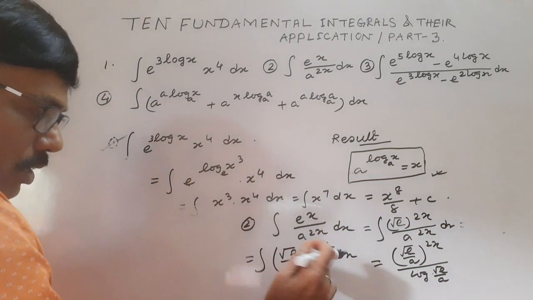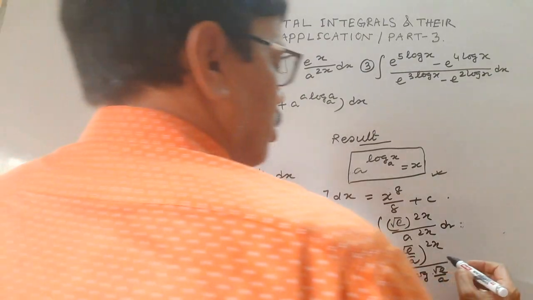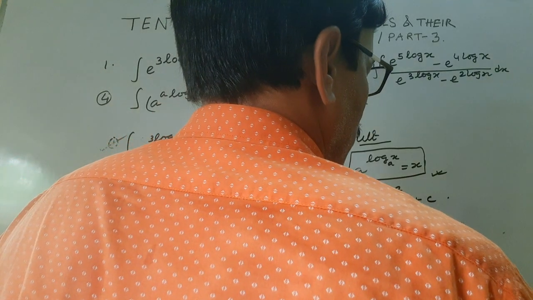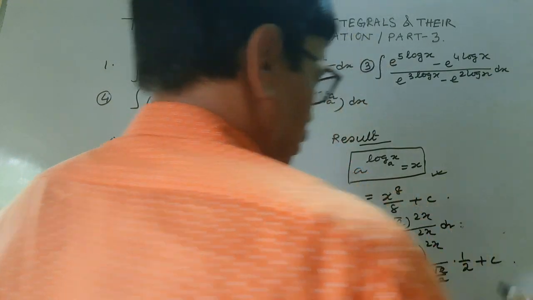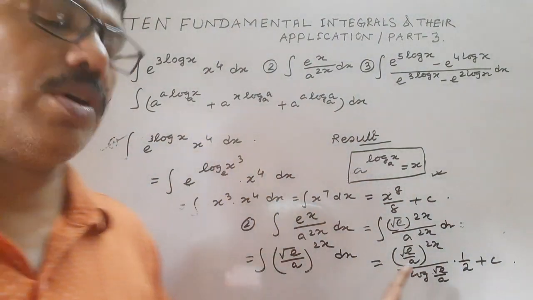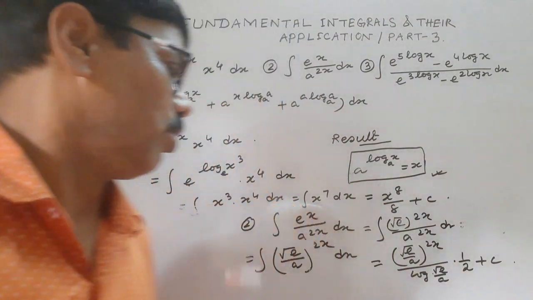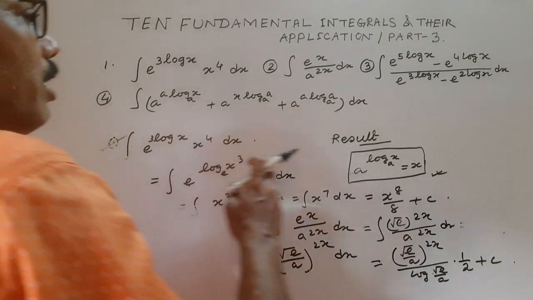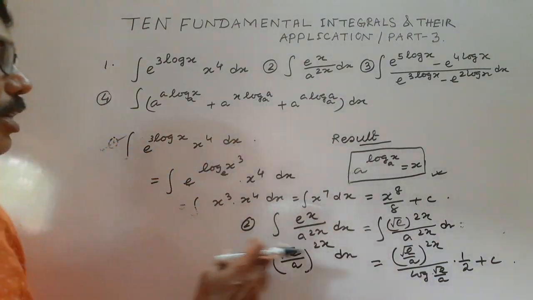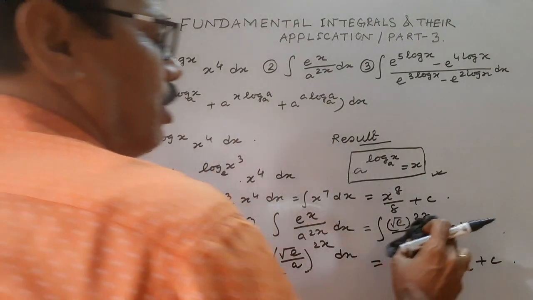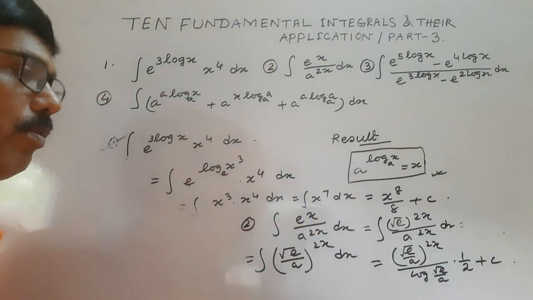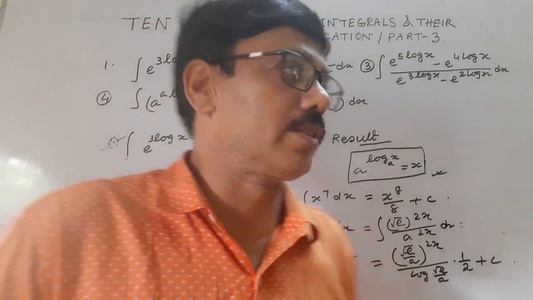Then the argument is 2x, so its derivative is 2, so it will be into half. Mind it. This one is not standard, so we can make it standard using application of indices.